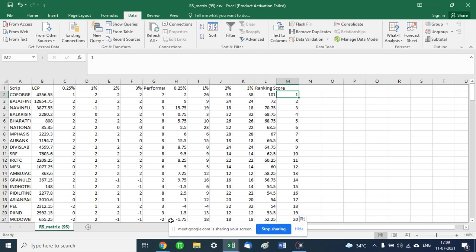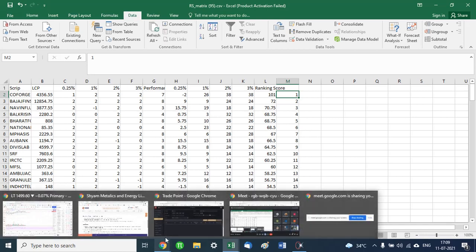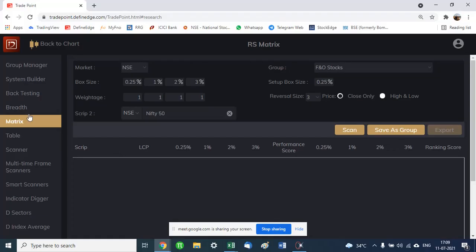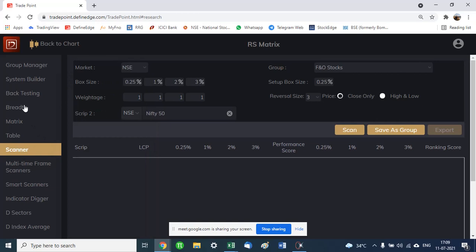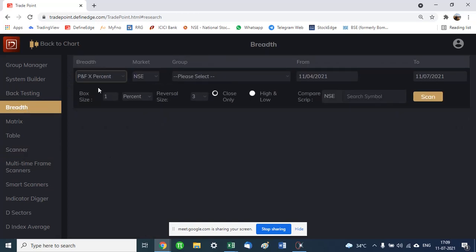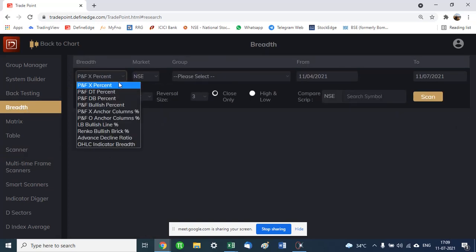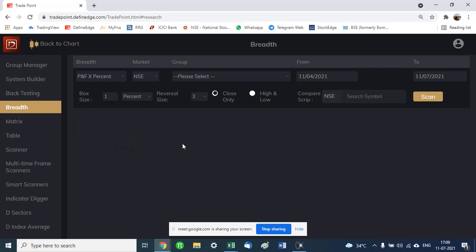Okay. Now I'm going to talk about breadth. TradePoint gives us a wonderful feature for scanning for market breadth. Let's say we want to see currently what is the number of stocks that are trading above the 20-day moving average, for example.